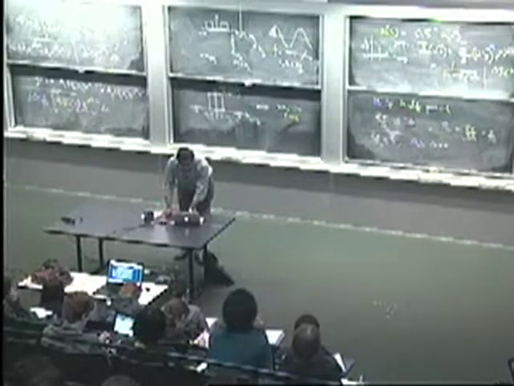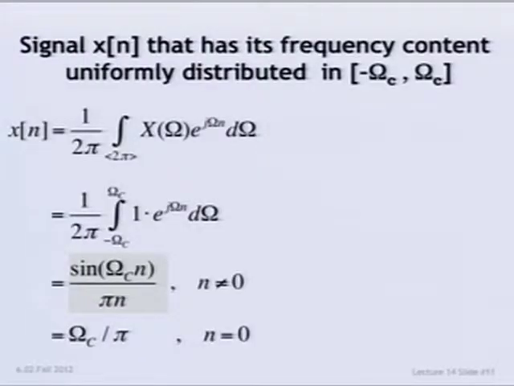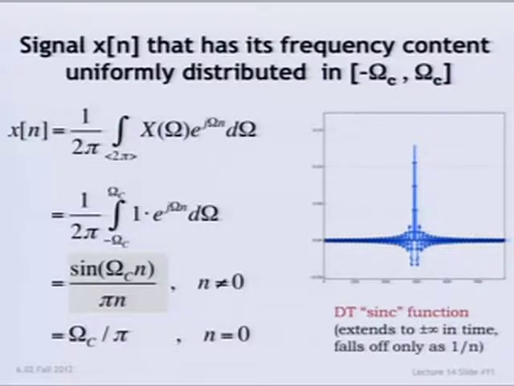Now you can actually work that out. You don't have to take my word for it. You want flat spectral content in the range minus omega c to plus omega c. So the signal that you're going to get as a result, you can extract from this computation, and this is exactly the sinc function that we saw last time. Okay.